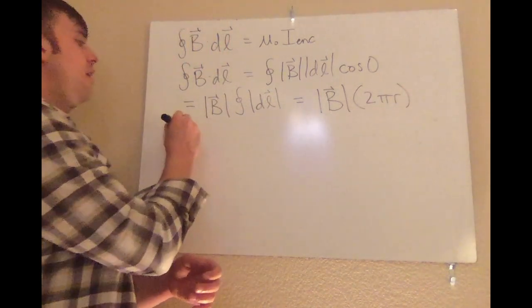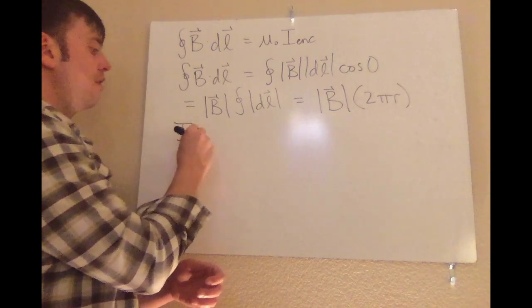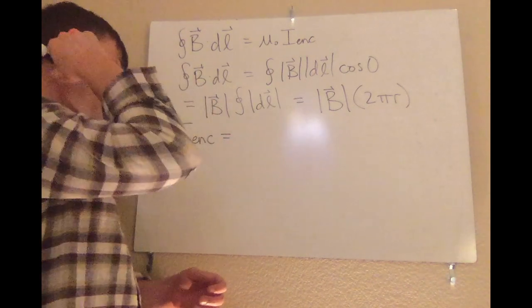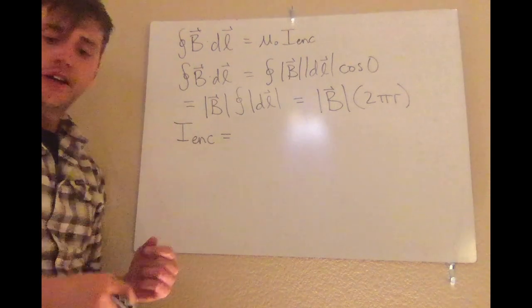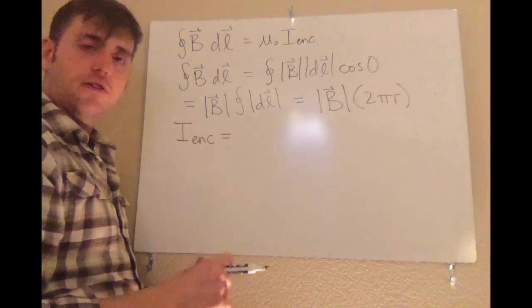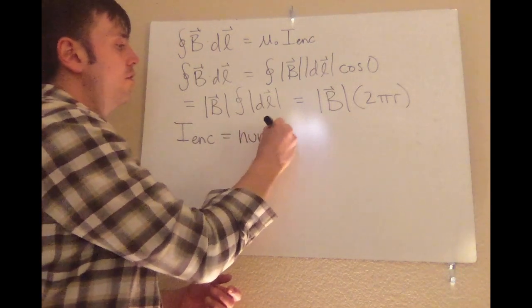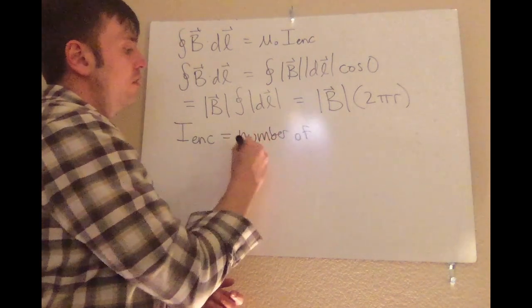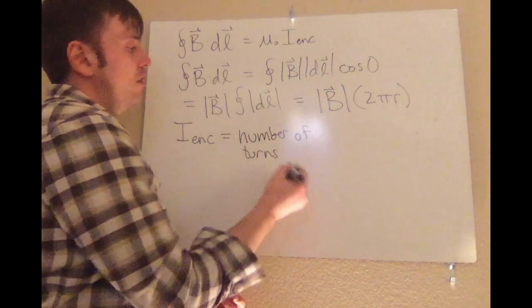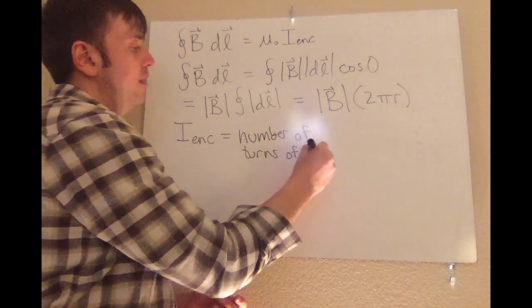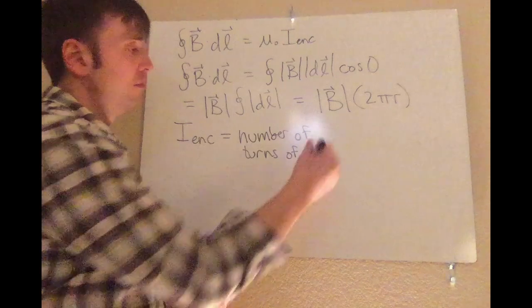Okay, I enclosed, that's the next part of this. So the way we want to think about I enclosed is how many turns of wire, how many of those do we have that we're enclosing?